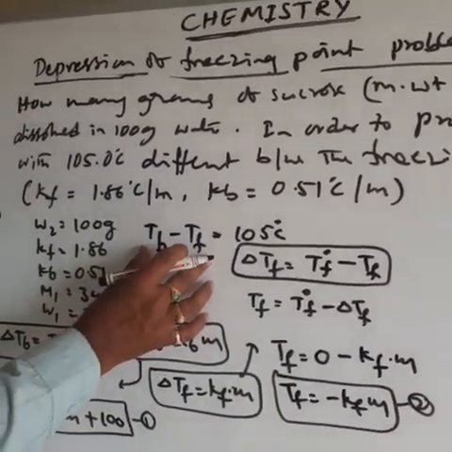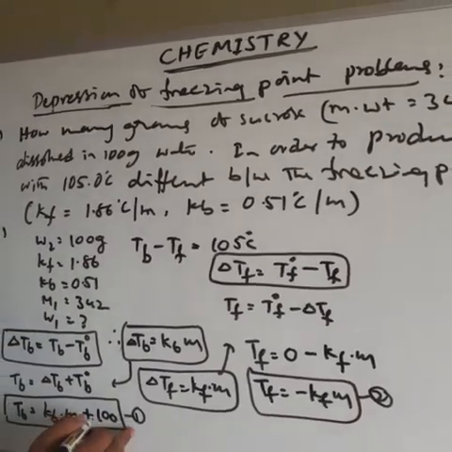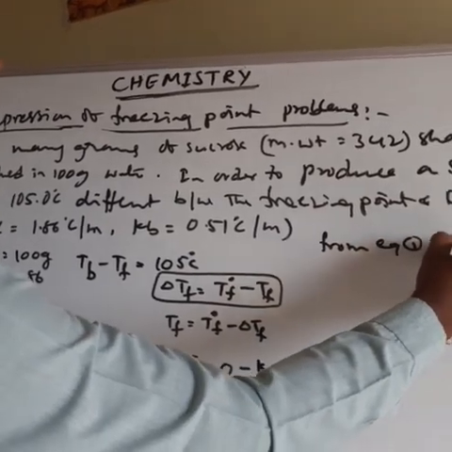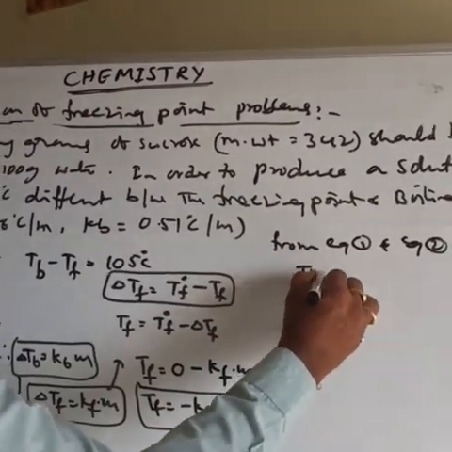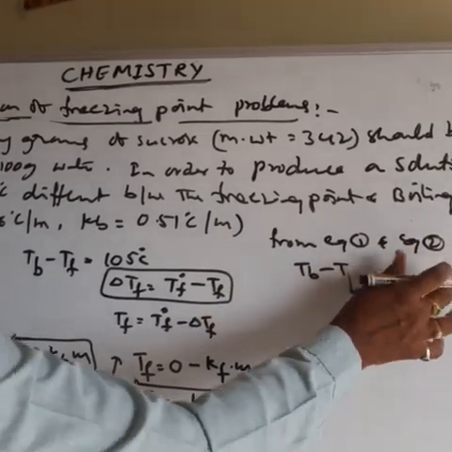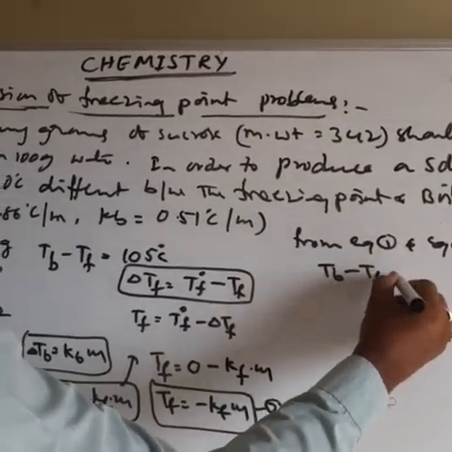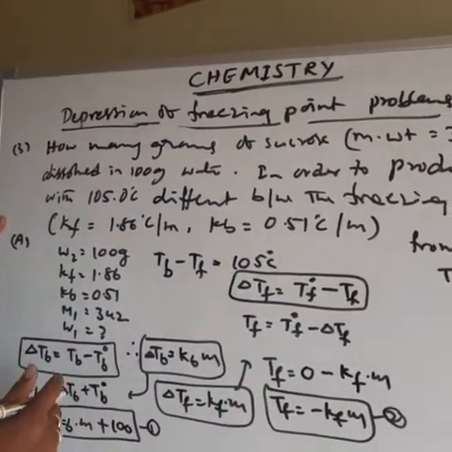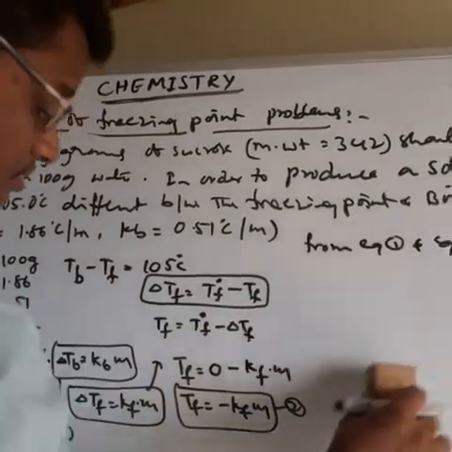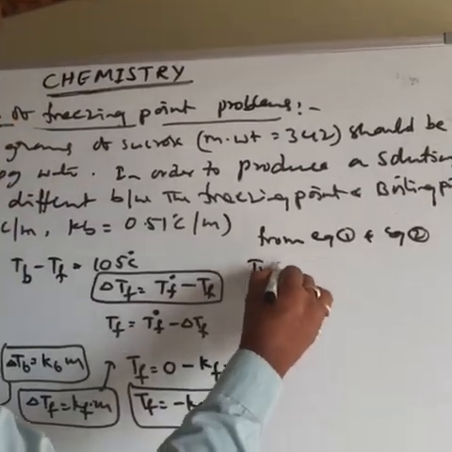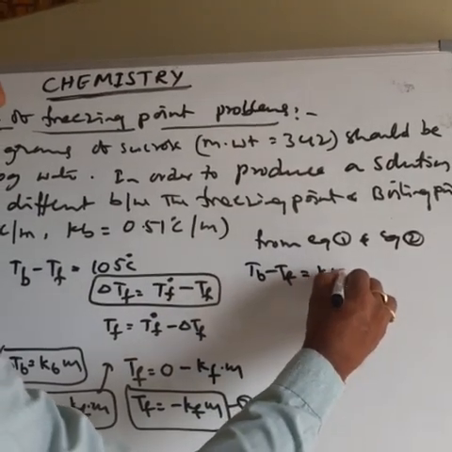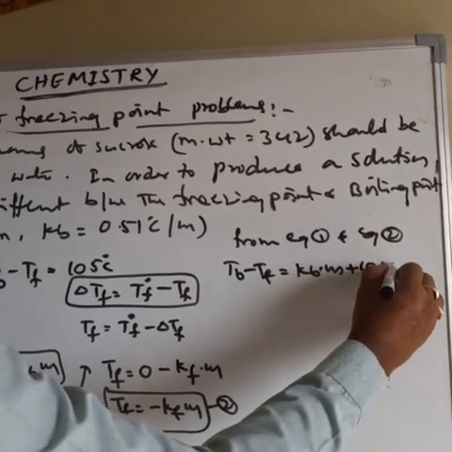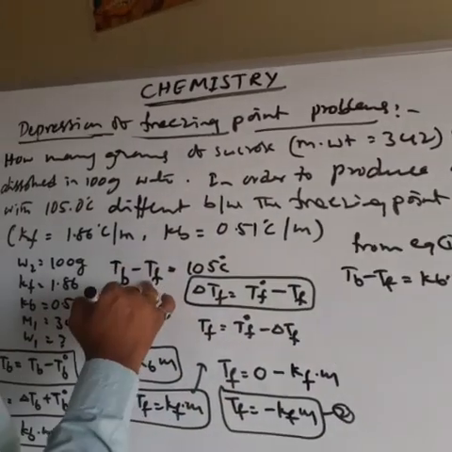Then next one is TB minus TF value. Understood what I said? This is equation 1, this is equation 2. From equation 1 and equation 2, what is TB minus TF value? TB value is KB into M plus 100. Write down here. TB minus TF is equal to KB into molality plus 100 minus TF value.